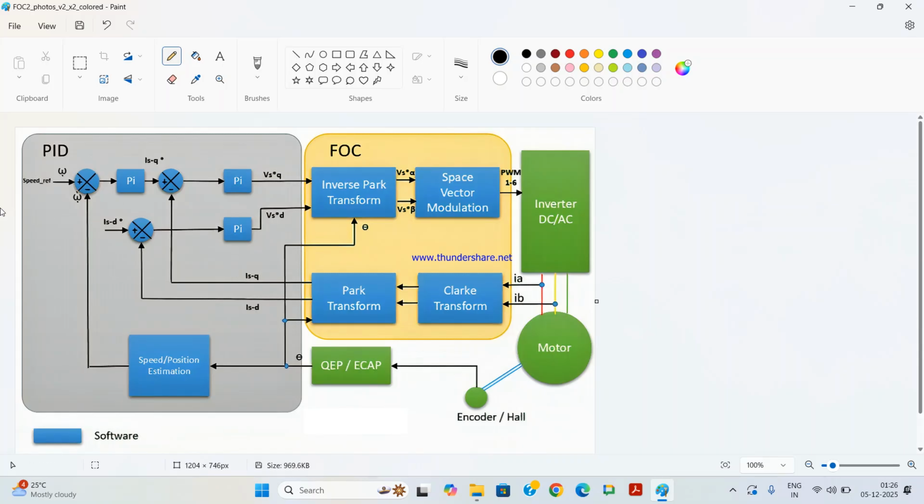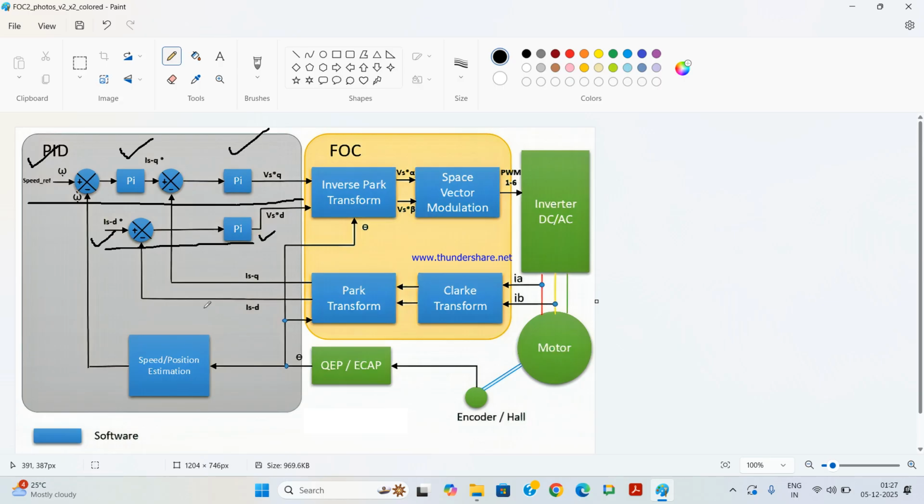Now you see this top line, there are two PI regulators, this one and this one, and in the bottom this is the D axis, and this is the Q axis, and the entire dynamic performance of the system or the motor, how it will operate, depends on these three PI regulators, two in the quadrature axis loop and one in the D axis loop.